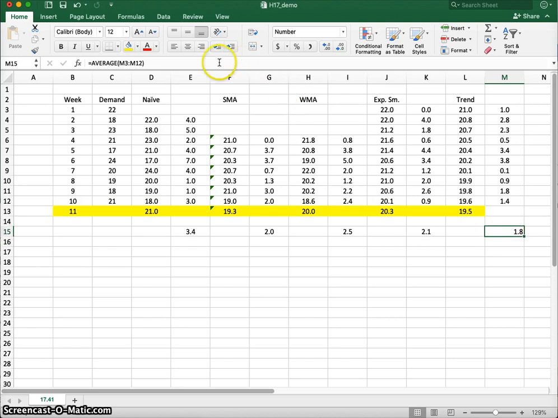So based on the data we've had of all these examples, the trend forecast, which is basically regression using the passage of time as the independent variable, gives us the smallest average error. And so if it has the smallest average error, it's the most accurate. And we would probably want to use this one going forward.